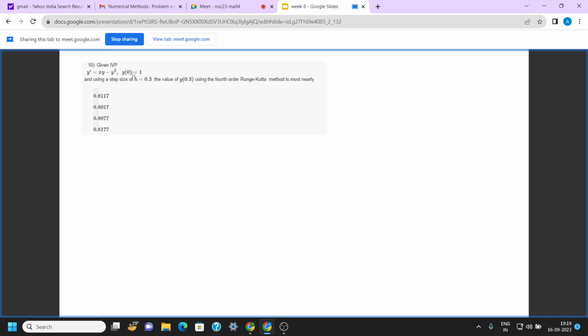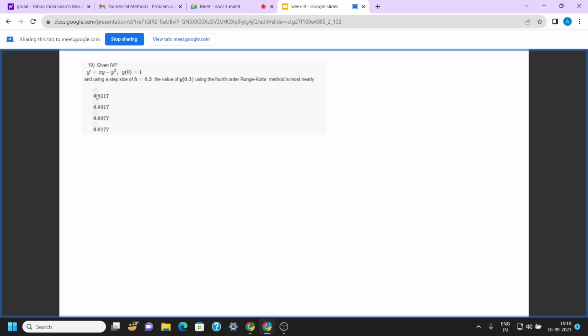So you have been given the IVP. Here f of x comma y is xy minus y square, and using the step size h equal to 0.3, you have to calculate the value of y of 0.3 using the fourth order Runge-Kutta method.